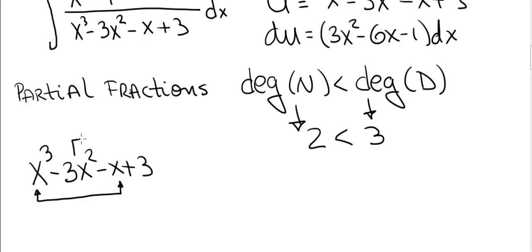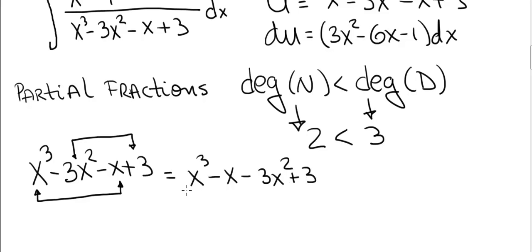First, we're going to combine the first and the third term and the second and the fourth term. So let's rewrite it: x³ − x − 3x² + 3. These 2 terms have an x in common, and these 2 terms have a −3 in common. So let's factor out x. That leaves x² − 1.